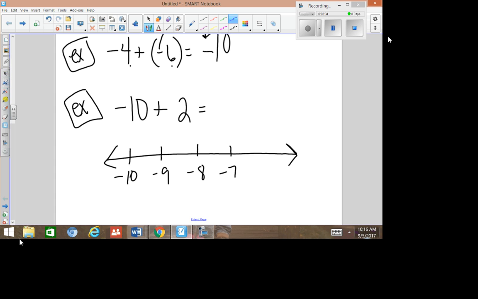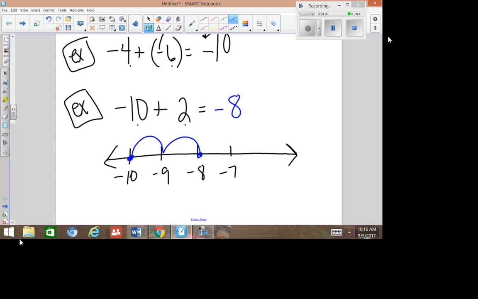If you start at negative 10 and you plus 2, 1, 2, you get to negative 8. So now we need to think of some way that we can make a rule out of that. I'll tell you how I do these. What did I do to 10 and 2 to get 8? Minus. 10 minus 2 is 8, right?